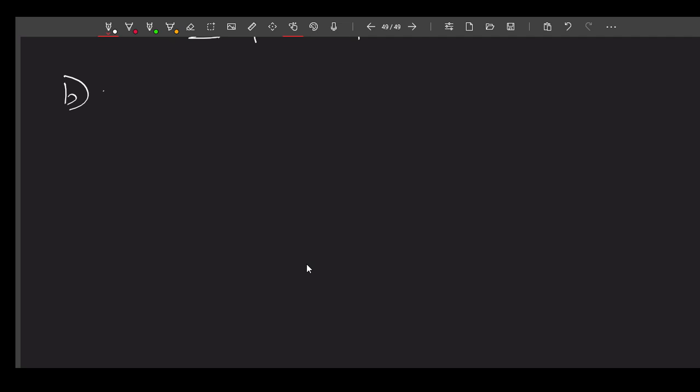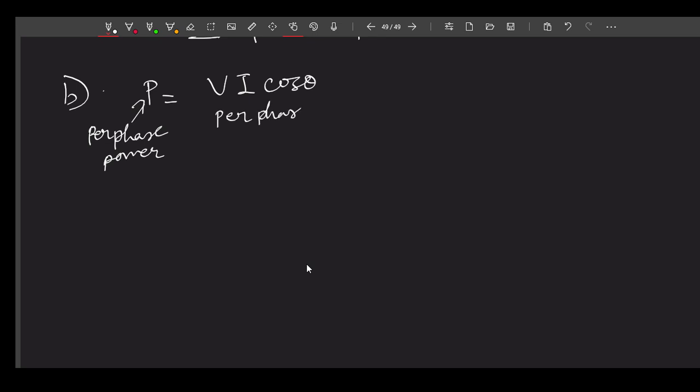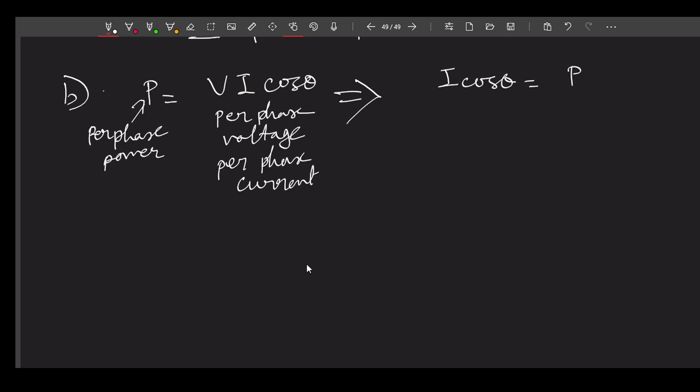We can write the per phase power P is equal to V I cos theta. So this yields I cos theta is equal to P by V.